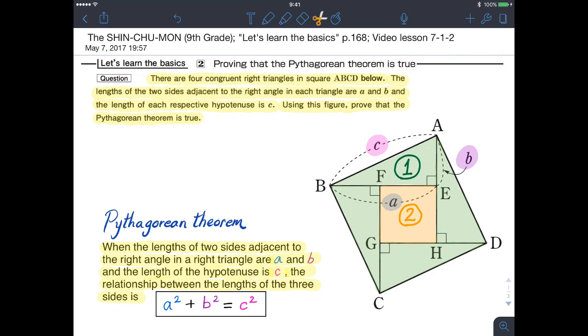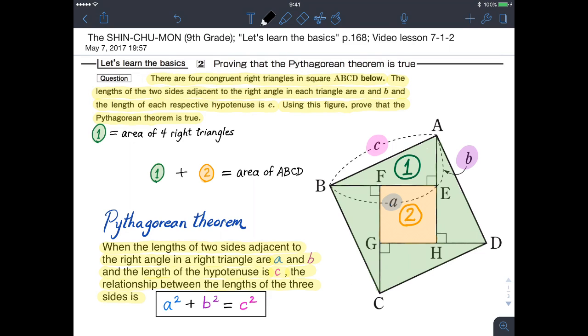Now we will prove that the area shown in green, when added to the area shown in orange, equals the total area of square ABCD. First of all, we see that the area labeled 1 and shown in green is the area of the four right triangles.